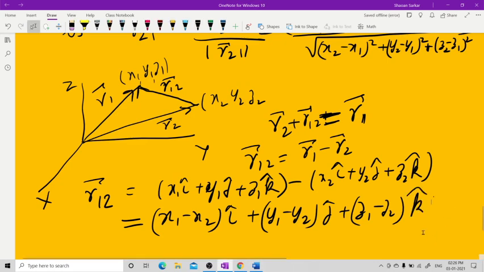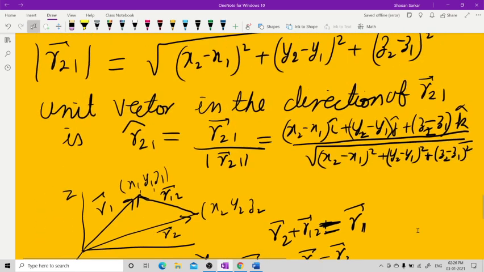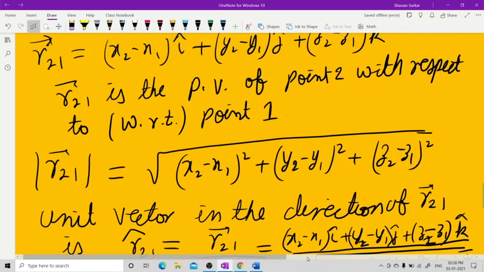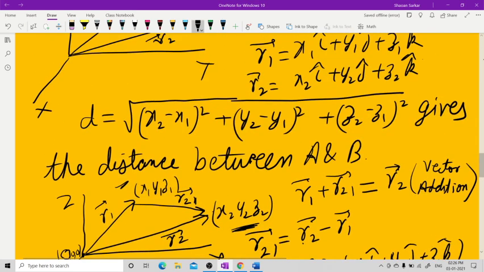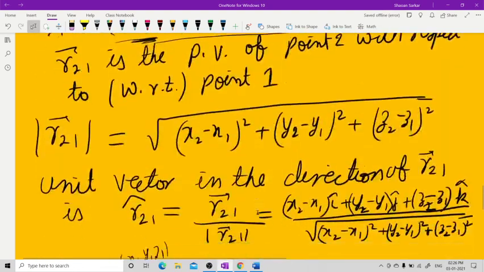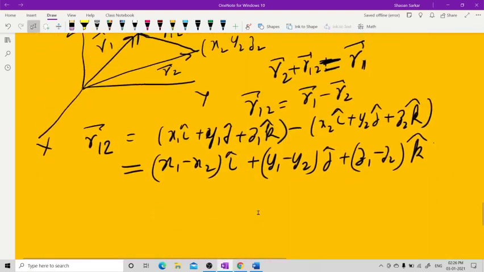Now you can see one thing. If you go up here, you can see this quantity is just the minus of this whole quantity.